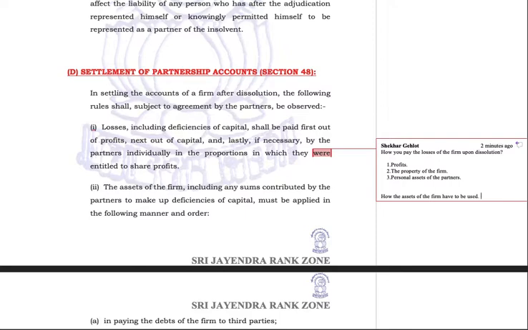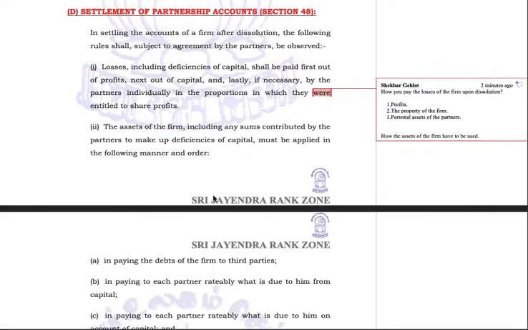Including any sum contributed by the partners to make up deficiencies in capital. Suppose there was some requirement of funds, and any partner paid those funds or gave advance loans to the firm. How do we deal with all this money?